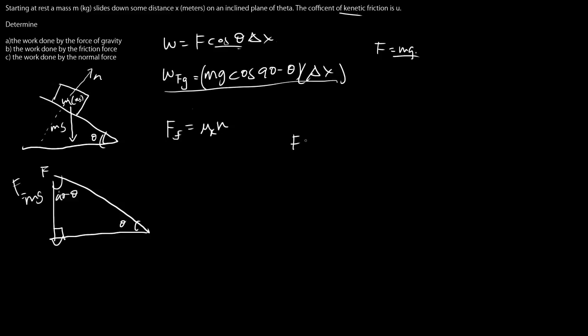The total force perpendicular to the plane is N minus mg cosine theta, since this is the positive direction and this is the negative direction.